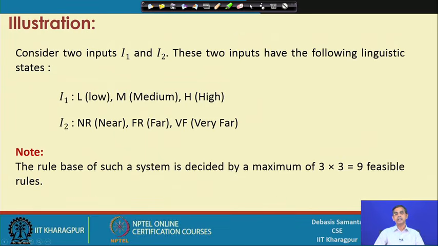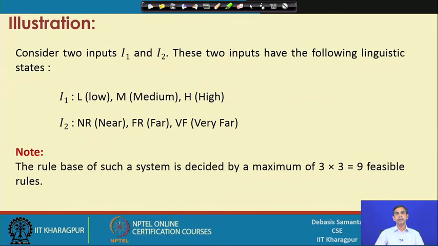Let us consider a two-input system. The two inputs are denoted as I1 and I2. Let us consider these abstract inputs, and also consider that the two inputs I1 and I2 have fuzzy linguistic states, namely low, medium and high. That means I1 can be considered as the fuzzy state low, medium or high, with different membership values for different values of I1.